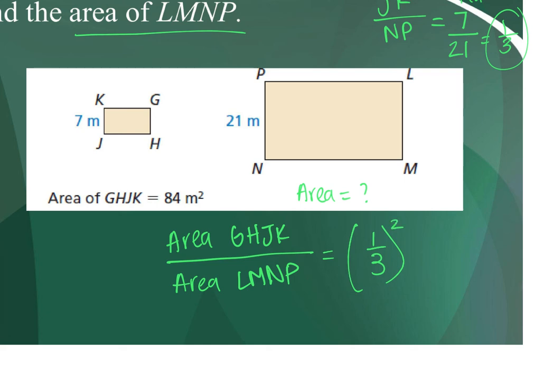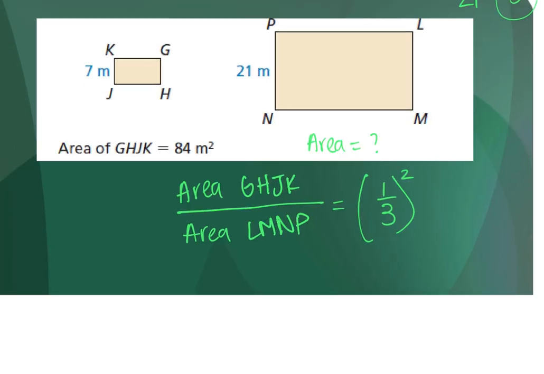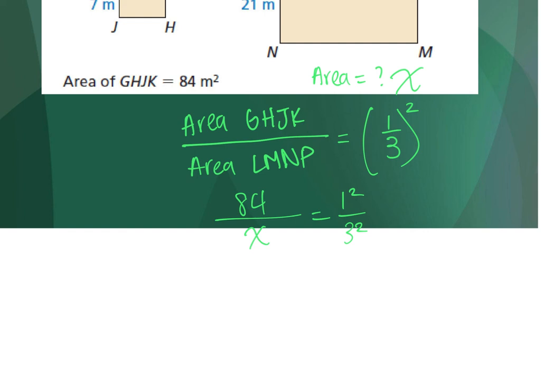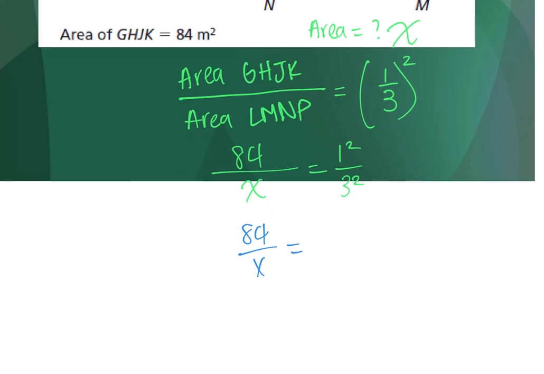So we're going to square the numerator and square the denominator. We're going to get the area of GHJK, which is 84, over, let's make the area of the other one just x, because we don't know it. So 84 over x is going to be equal to 1 squared over 3 squared. So in other words, 84 over x equals 1 over 9.